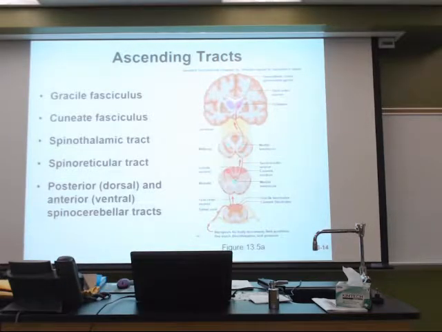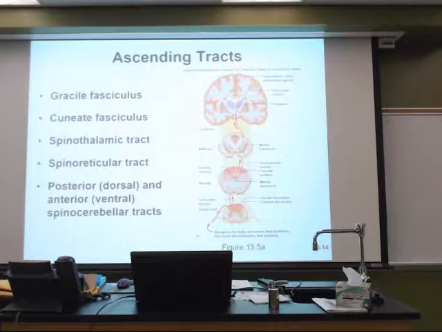It goes up an ascending tract into the area of the brain that it needs to go to. Once information is processed, that response has to travel down to the spinal cord and then to what is known as the effector. So you have the ascending tract and you've got the descending tract.